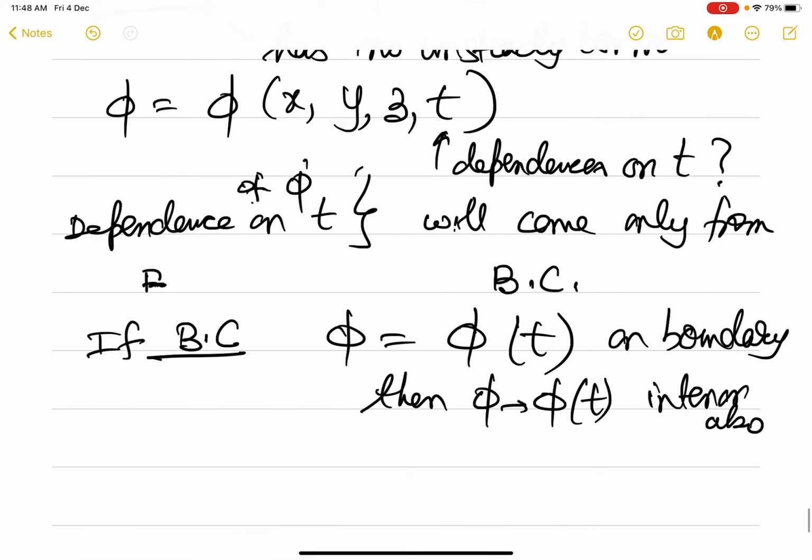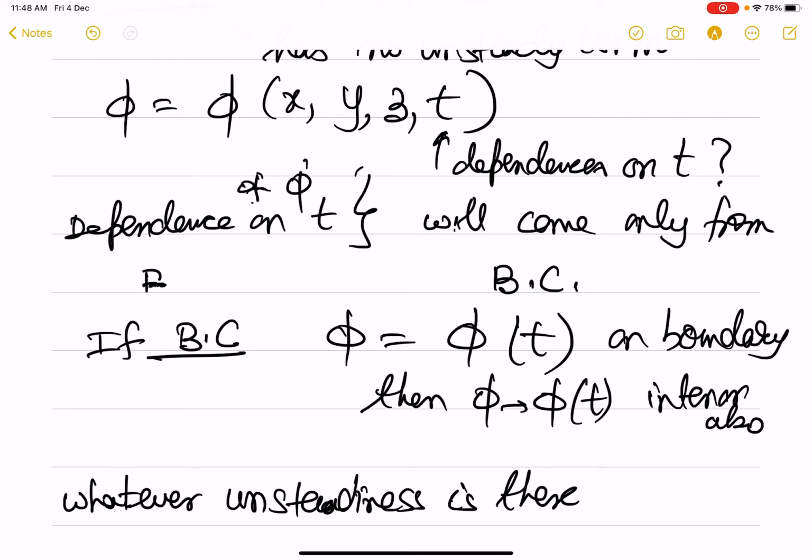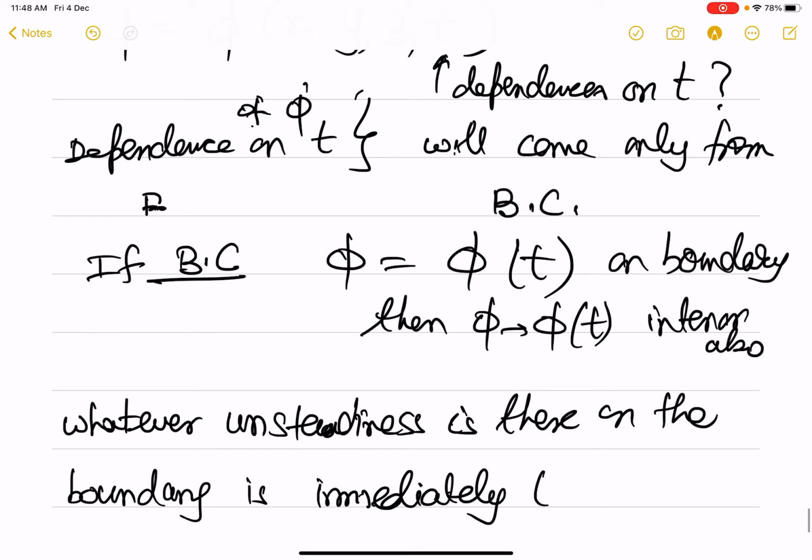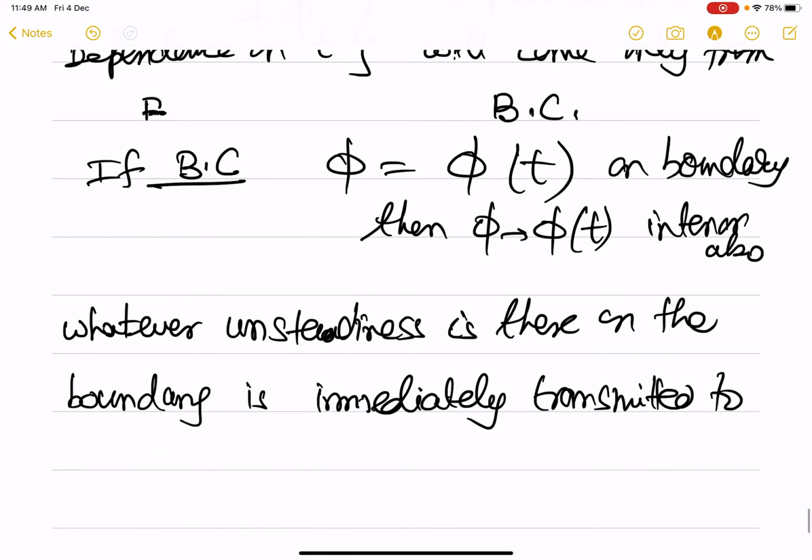And what this is saying is that whatever unsteadiness is there on the boundary, that unsteadiness is immediately transmitted to the inner points in the domain.